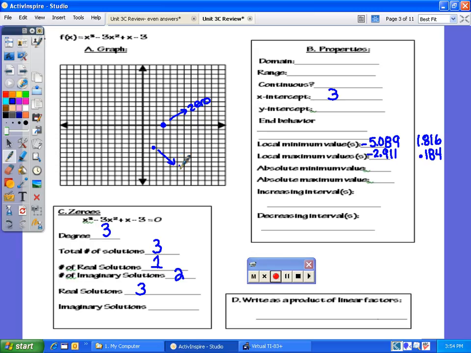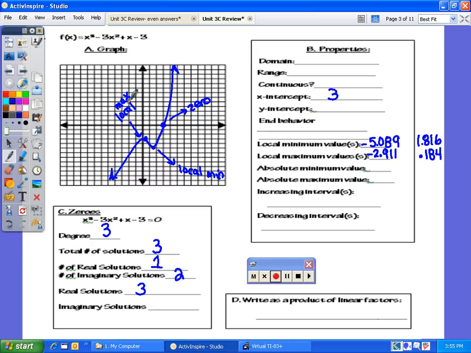And notice how I label that as local min. And I'm going to label that as my local max. Alright, because if you label, it allows for you to answer these questions better.